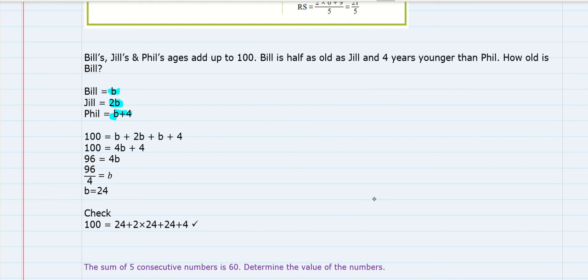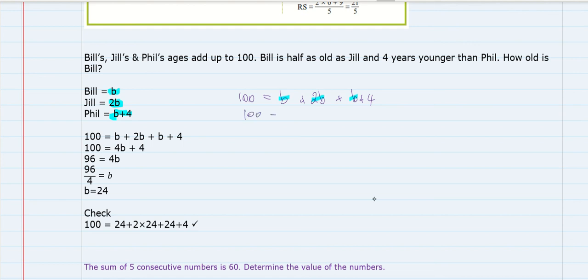So what we can now say is, well, we've got a total of 100 years. And 100 years equals Bill plus 2 Bills, which is Jill, plus Phil, which is just Bill plus 4. So what we can do now is just collect the like terms and simplify. So remember, these are our like terms.